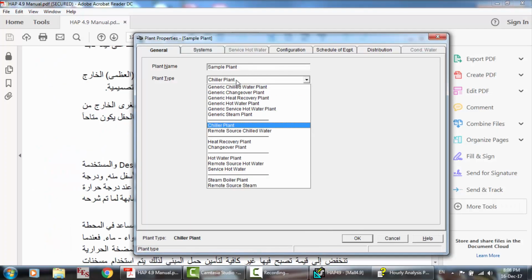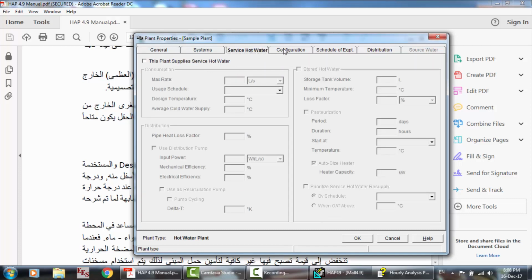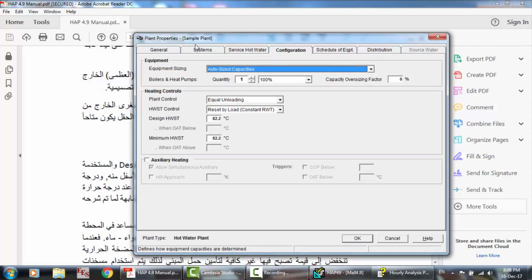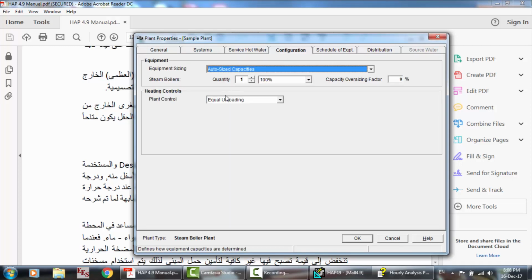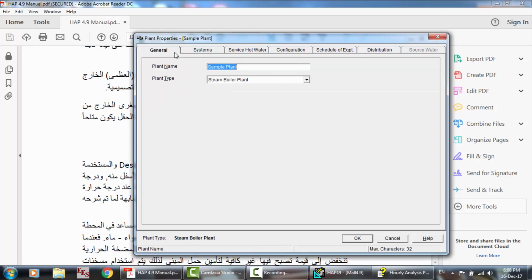Okay, now gentlemen, if we use a hot water plant, like this, or a steam boiler plant, you will find these things.